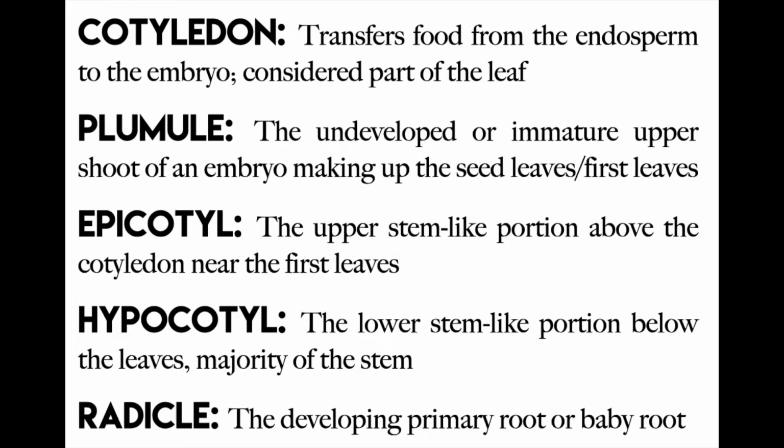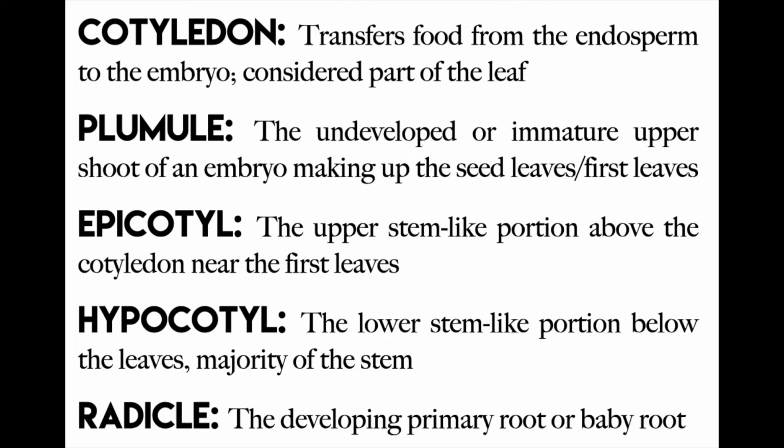Then we're going to move into the embryo, the baby plant, and we're going to focus on the plumule. Now the plumule is specifically the baby leaves. Now you may hear in some resources that the epicotyl is part of that. Yes, and we'll talk about that in a little bit, but primarily plumule is the first leaves, the seed leaves.